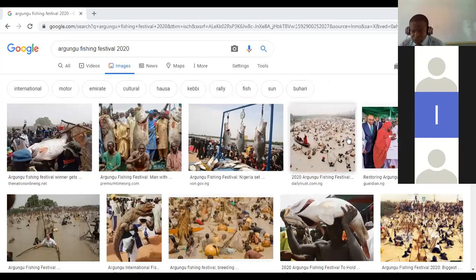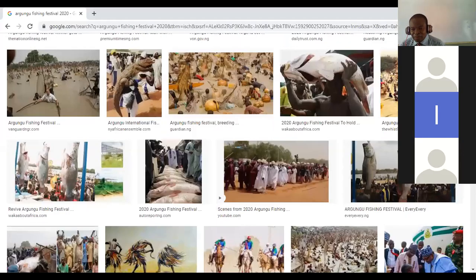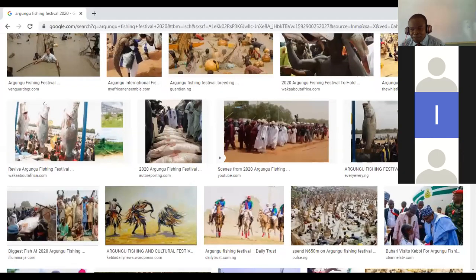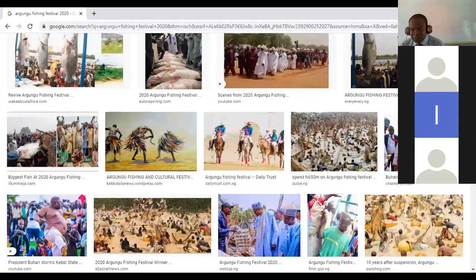You will see pictures of people participating in Argungu Fishing Festival. Yes, sir, we can see it. So, what we are saying is that fishing is a kind of sport, and it is done every year. People look forward to it, they relax with it, they participate in it.